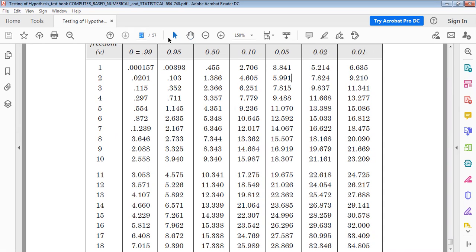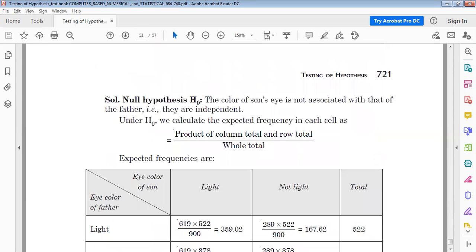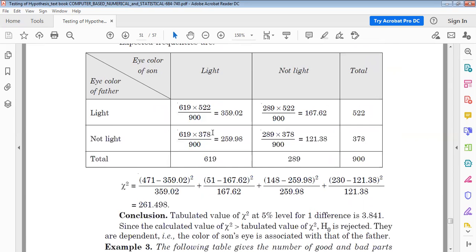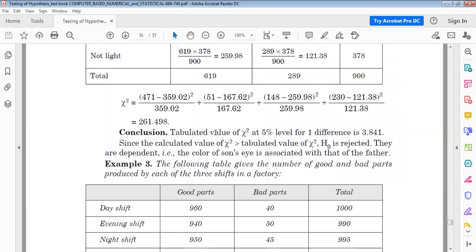So we get the calculated value much greater than the table value. 261.498 is a very big number compared to 3.841. Since the calculated value of chi-square is much greater than the table value, the null hypothesis must be rejected.